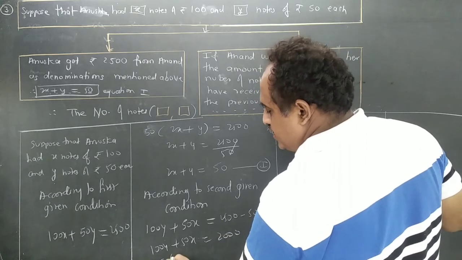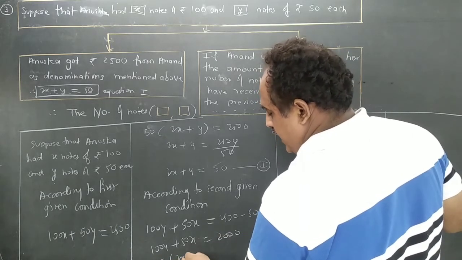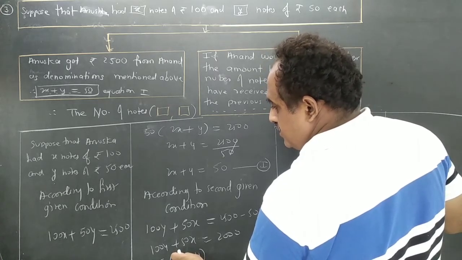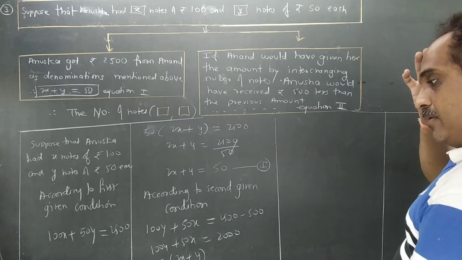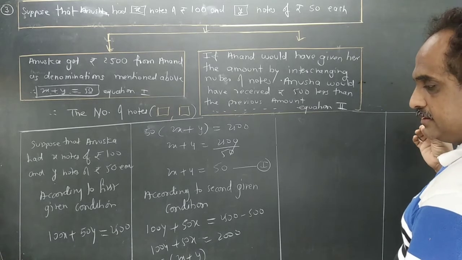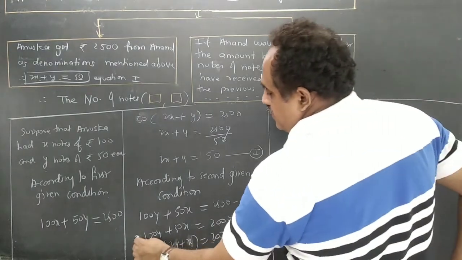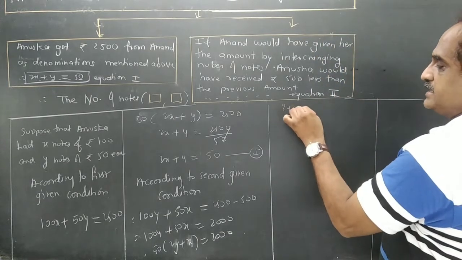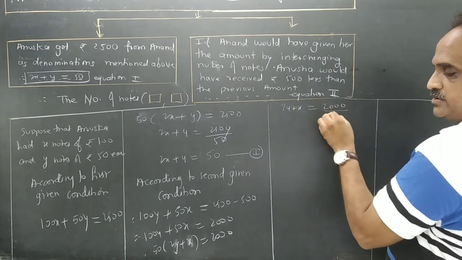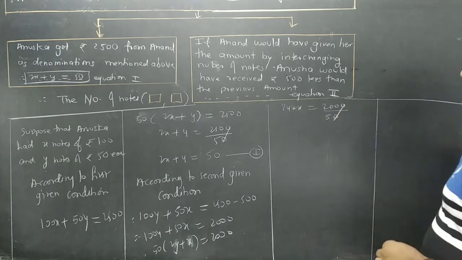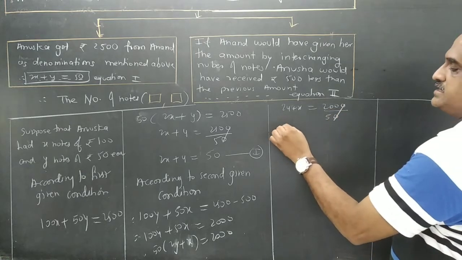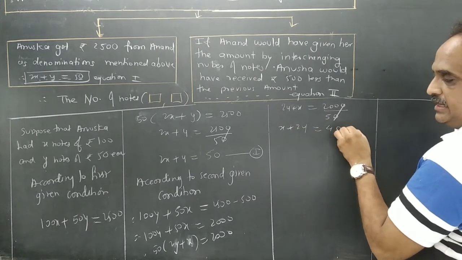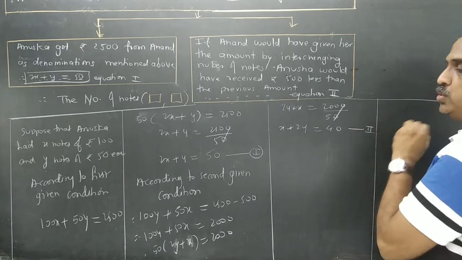Again, if I take 50 common, 2x plus y... So x plus 2y is equal to 2000 upon 50, which is 40. This is equation number 2.